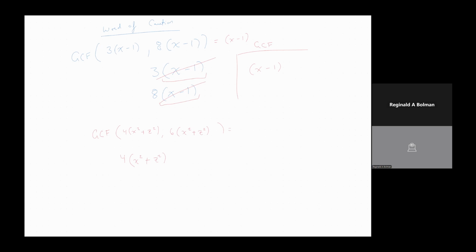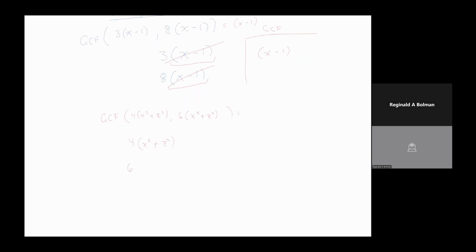And the x squared plus z squared that's multiplied with the 6 would be treated like its own number as well. The only thing you would have to do here is remember that you need to factor your 4 term.